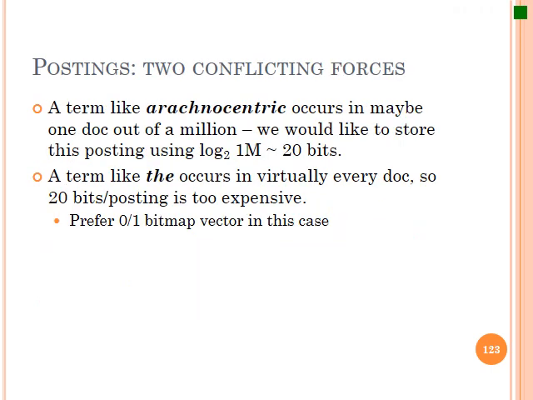Before we do that, let's think about a situation here. You have a term that is really long and really weird and rare in your document set. This word occurs maybe in only one document out of a million. So we would like to store this posting using the full 20 bits.